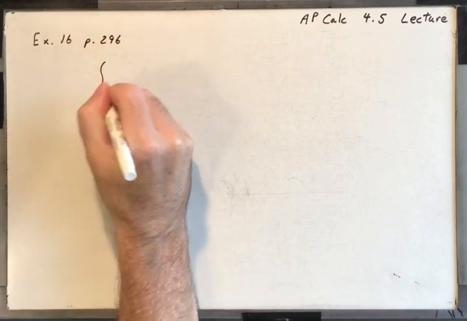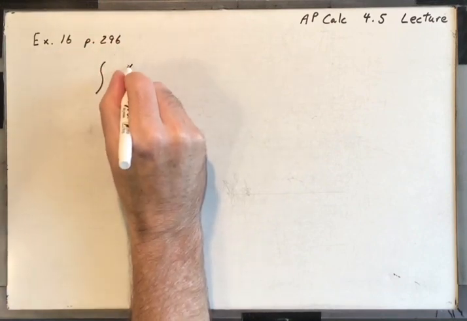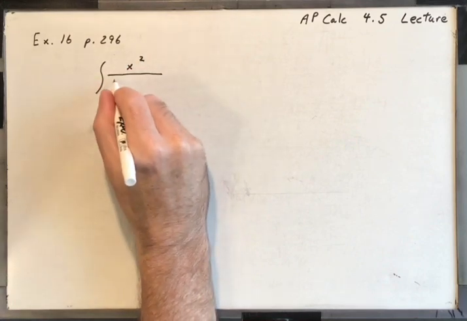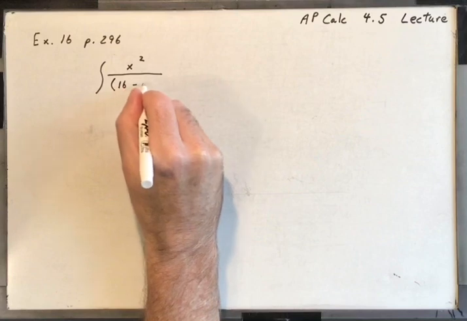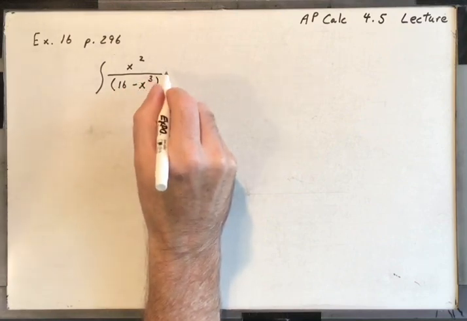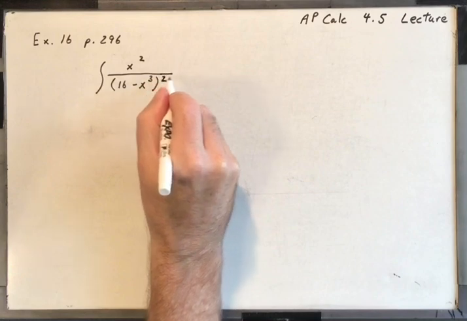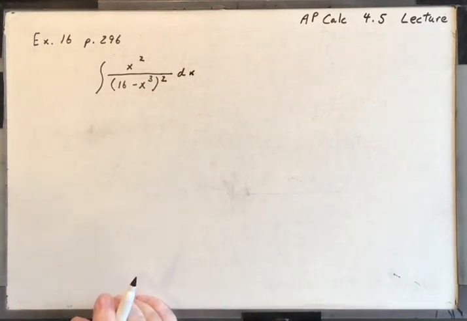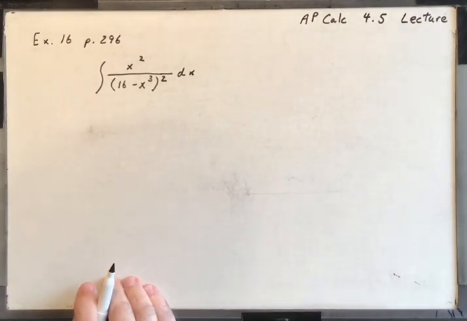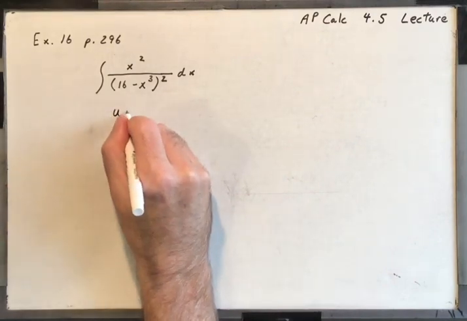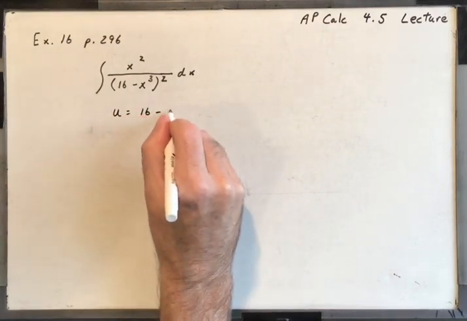So we have to evaluate the integral of x squared over 16 minus x cubed, squared, dx. Okay, what do you think u is going to be? Take a guess. All right, u is going to be 16 minus x cubed.